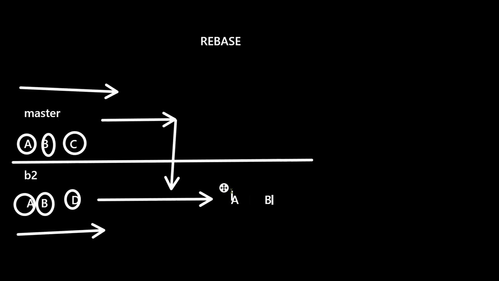I don't know how many of you noticed this. Whenever you merge, what happens if there is no conflict? The new commits will be added as the latest commits into the destination branch. Like C will be added as the topmost commit into the branch.